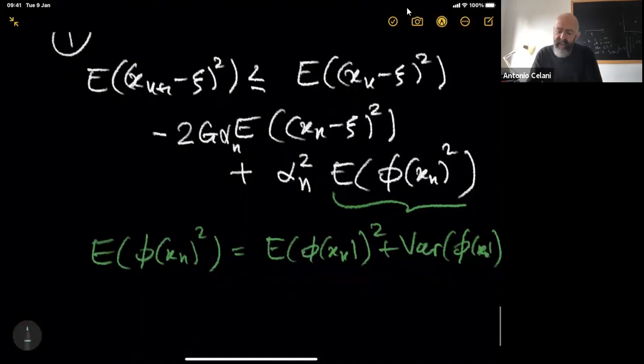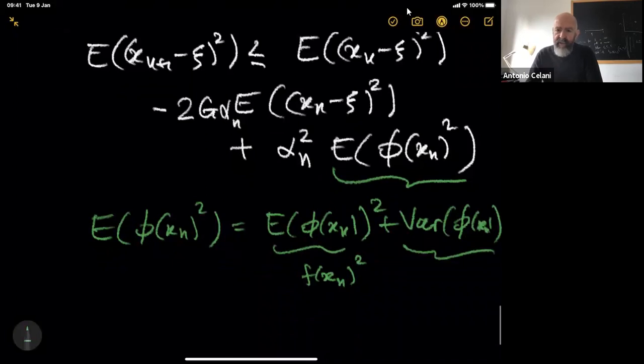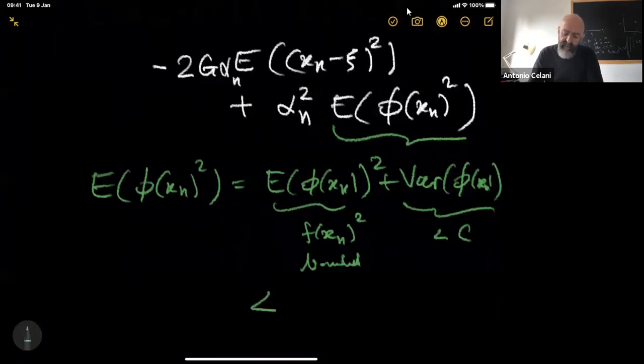And now both of these things are bounded, because my function here is finite over all the domain. This is my f of xn squared, which is bounded. This object is bounded by hypothesis. This one is bounded. So I can say that this term overall is smaller or equal than some capital H. This is just a consequence of the finiteness of the mean and the variance of my estimates, as it should. Are you okay with this?